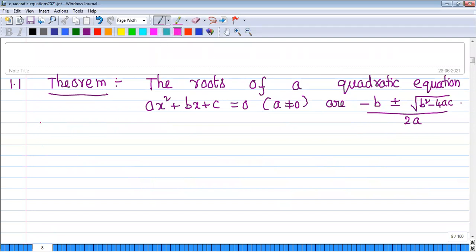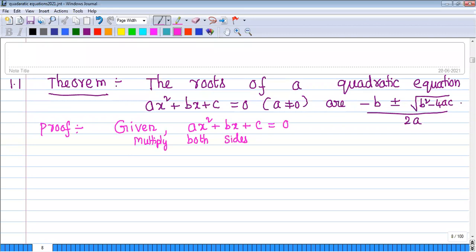So now let us proceed for the proof. So given ax square plus bx plus c equals to 0. Multiply both sides with 4a.